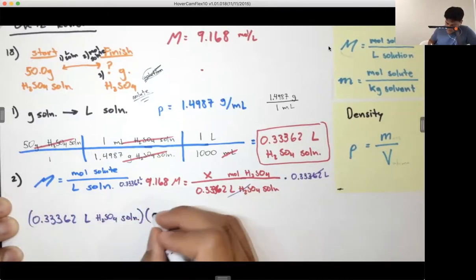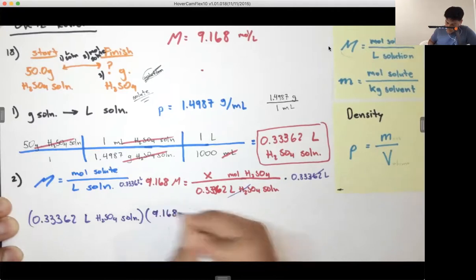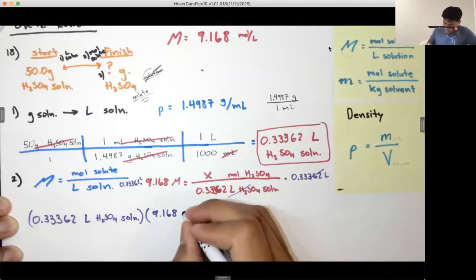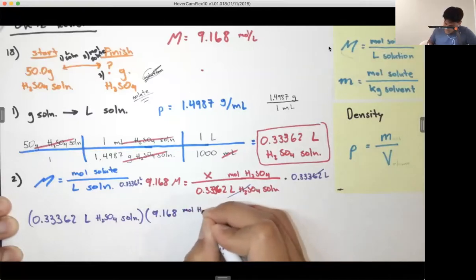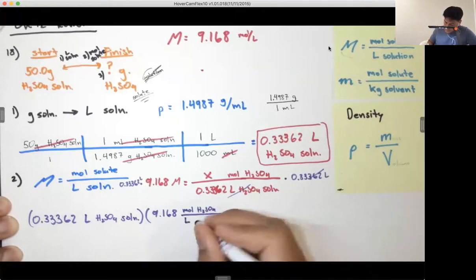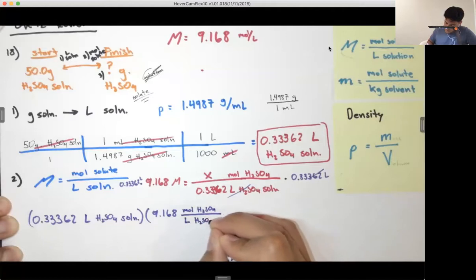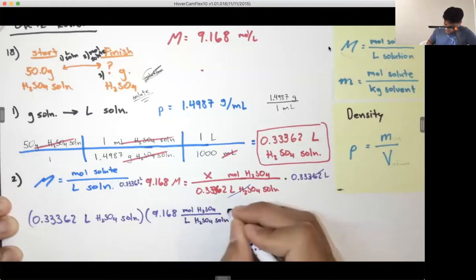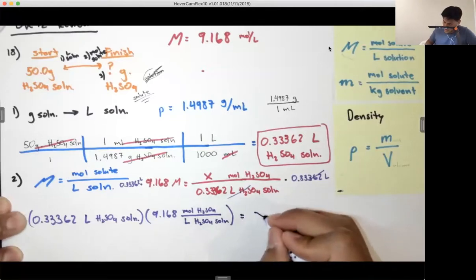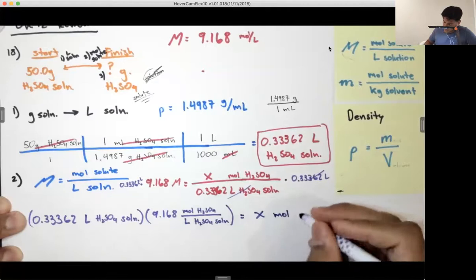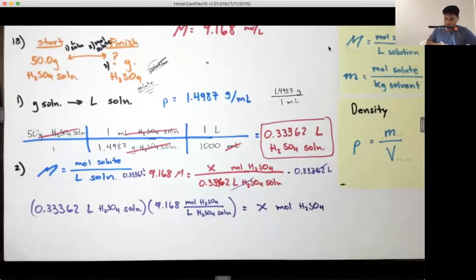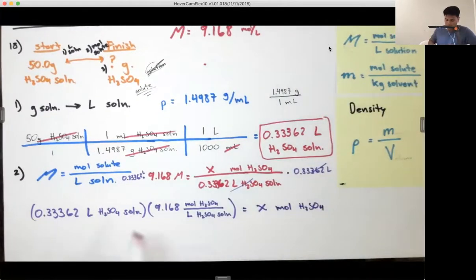Times 9.168 molar H2SO4 solution. Now, what does that mean? That means moles of H2SO4 over liters of H2SO4 solution. Okay, and I'll tell you why it's important that we wrote that out, equals X moles of H2SO4, not H2SO4 solution.